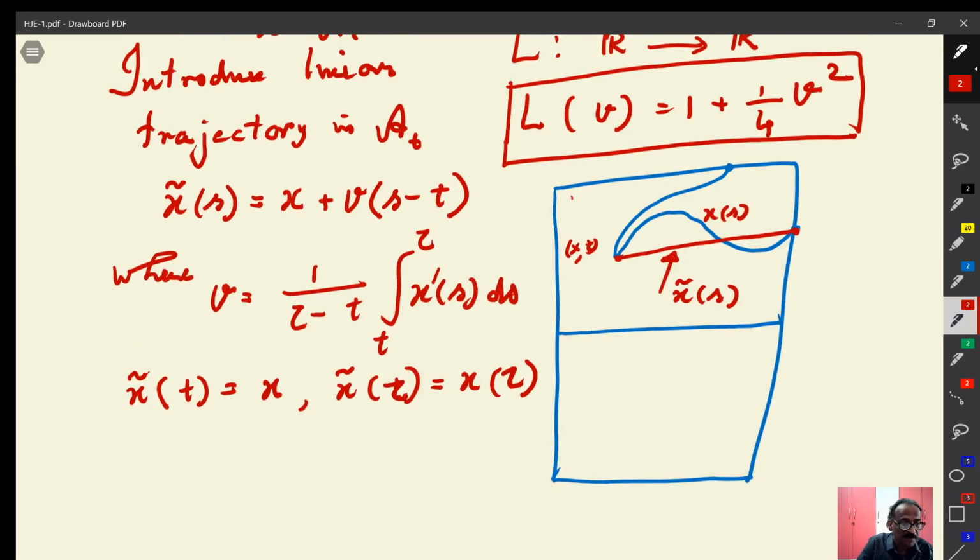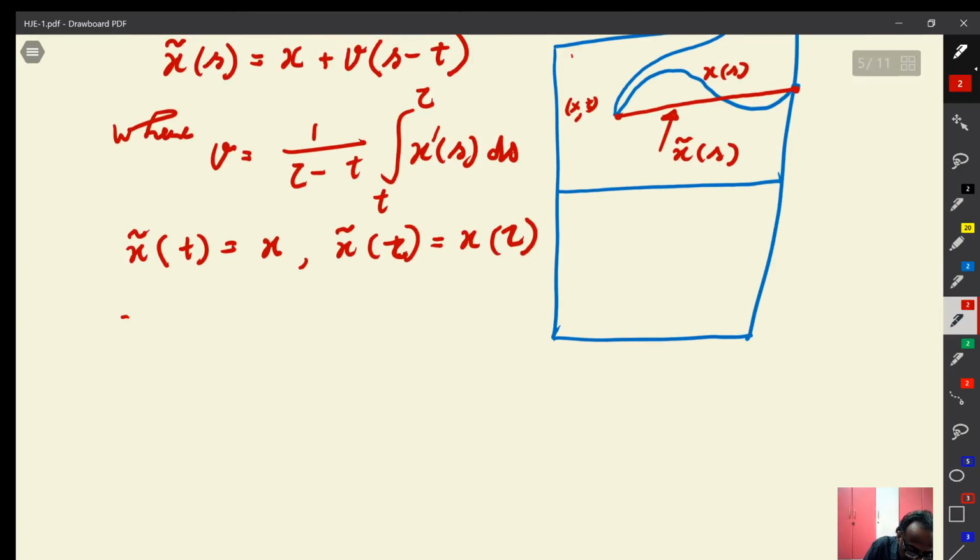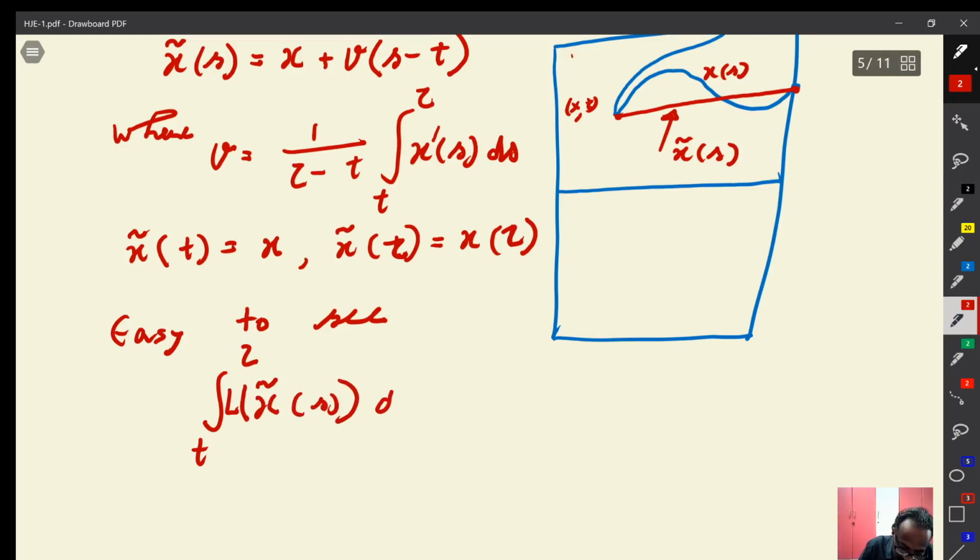So you are looking at the minimization problem, and it's easy to see that the integral from t to tau of L of x tilde of s ds is less than or equal to the integral from t to tau of L of x of s ds.